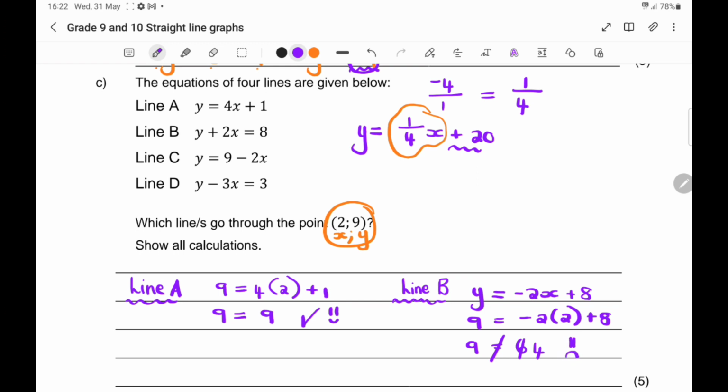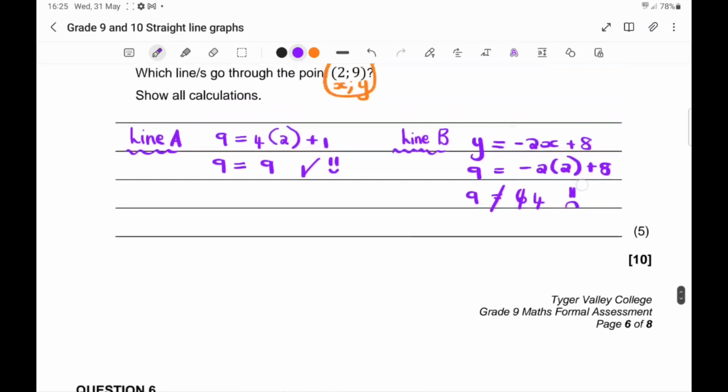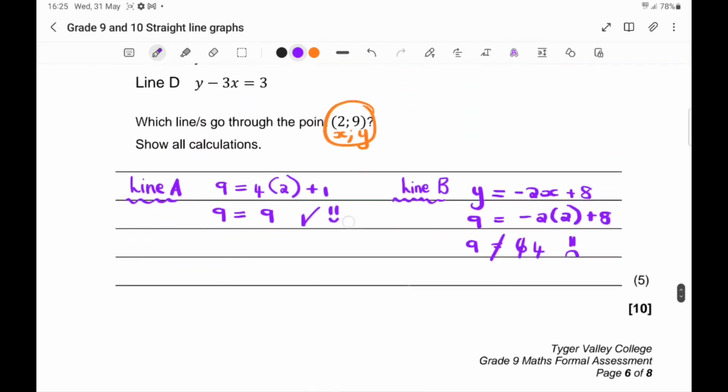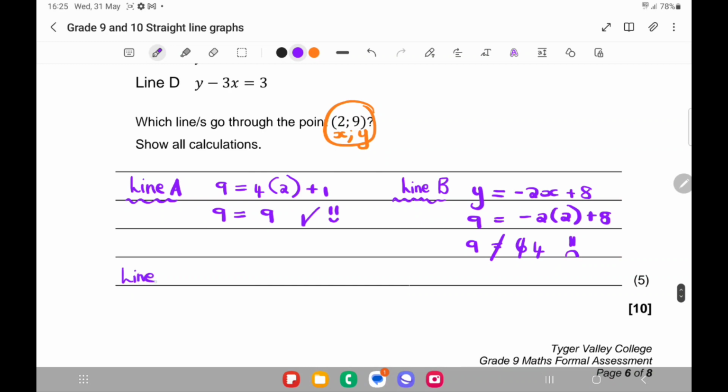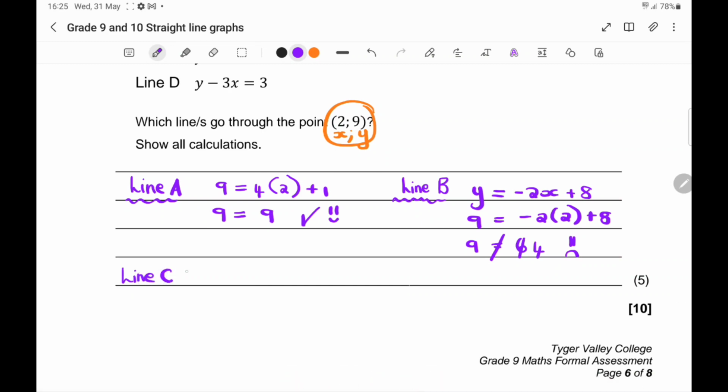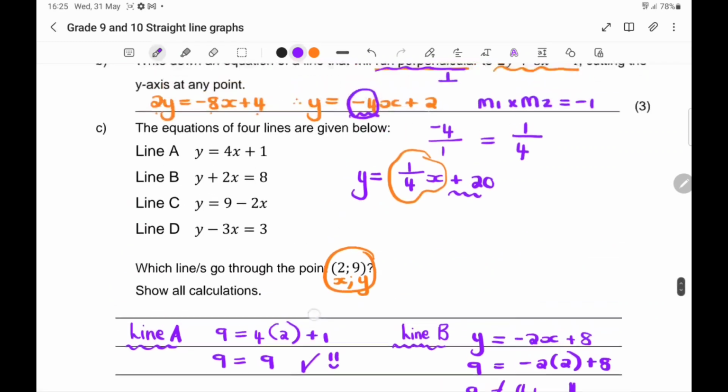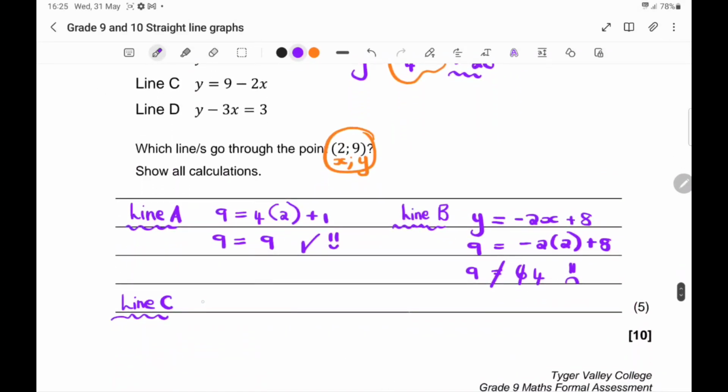So this line does not go through the coordinate (2, 9). All right, so if you had to look at line C, you would say y is equal to, let me not change it, y is equal to 9 minus 2x. So y should be 9 and x is 2. And 9 minus 5 is 4. So no, it doesn't go through.